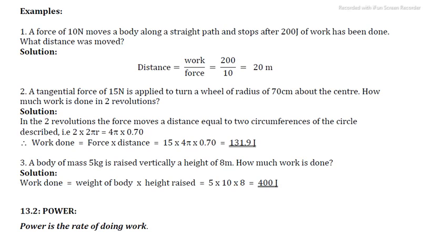So for vertical motion, the force is equivalent to the weight of the body. So that is mg, and the work done is given by the force times the height raised through. That's why we are getting work done as the weight of the body times the height raised, which gives us 400 joules as the work that was done.